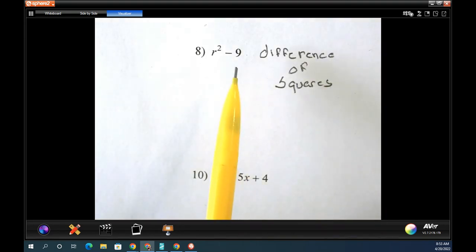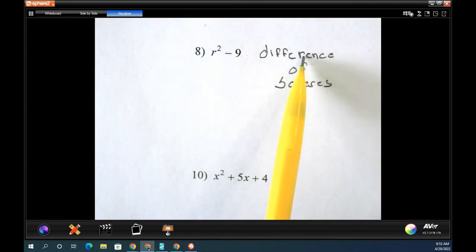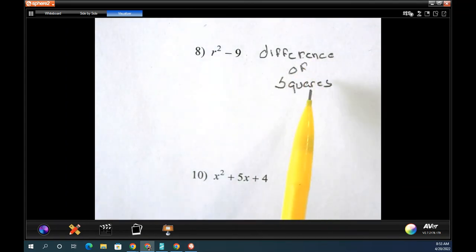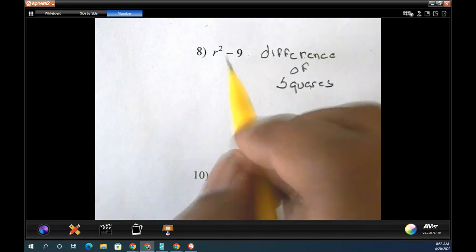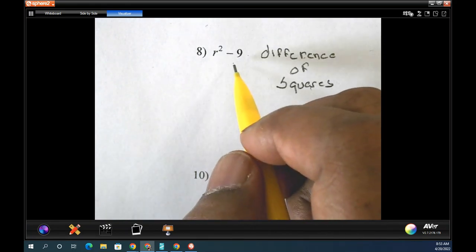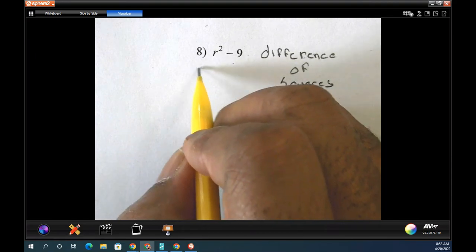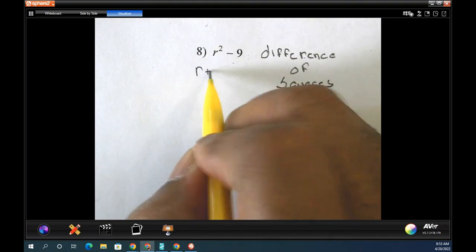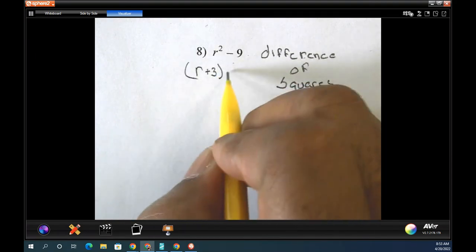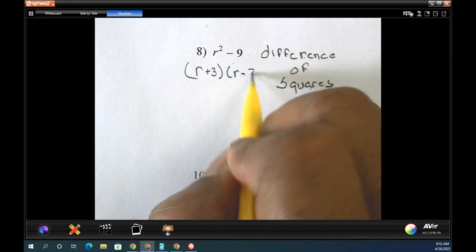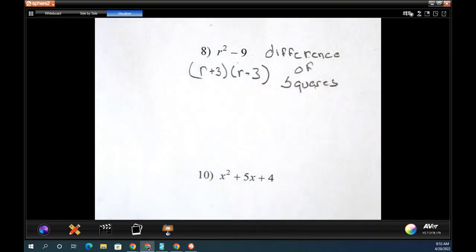Is 9 a perfect square? Yes or no? Yes. Now, difference, remember, subtraction of squares. What's the square root of 9? 3. So the answer to this one is just r plus 3 times r minus 3. That's it. You won't see too many of those today.